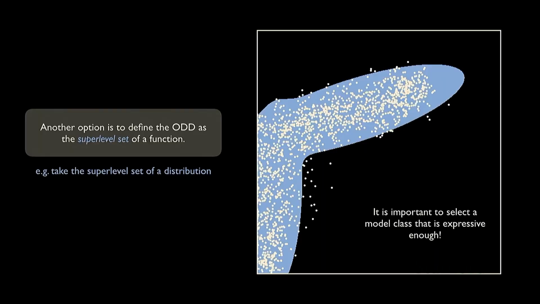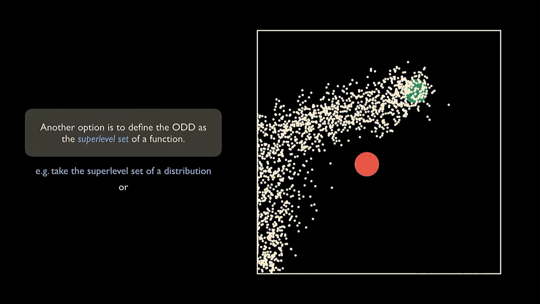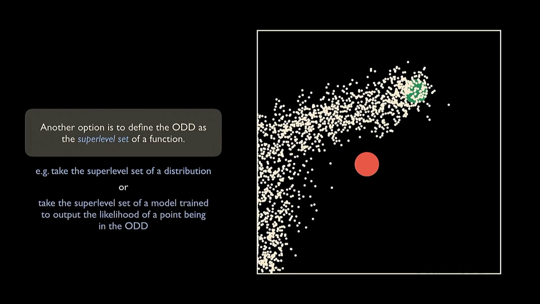Okay, there's one other way you can use this super level set idea, and that is to take the super level set of a model that's trained to output a likelihood of a point being in the operational design domain.